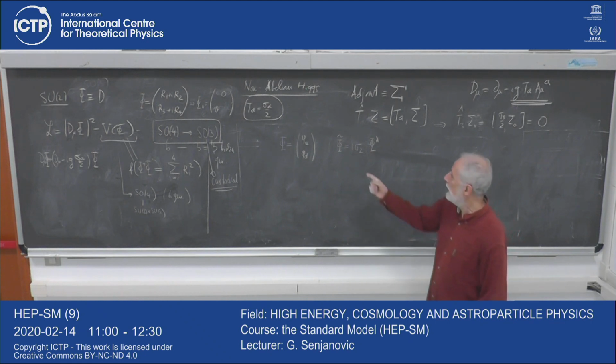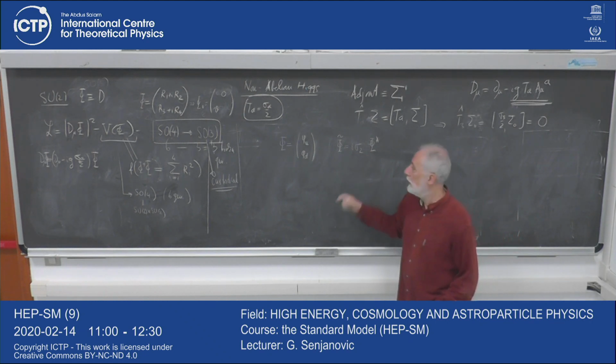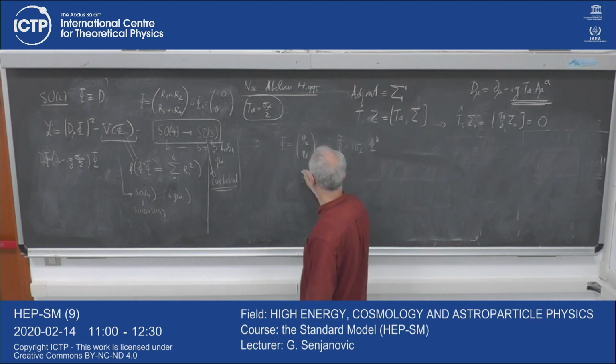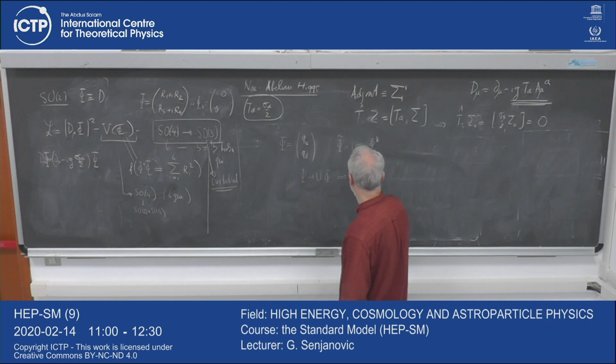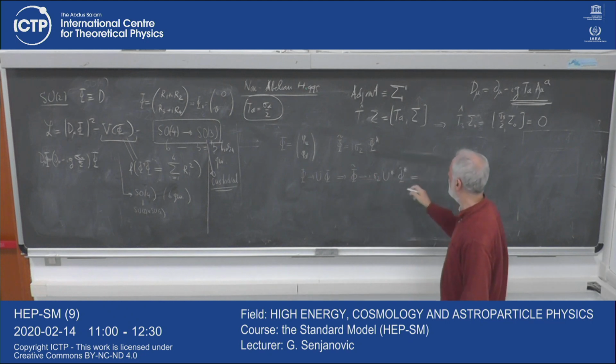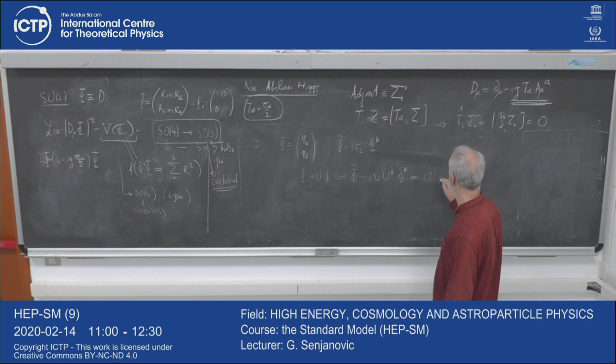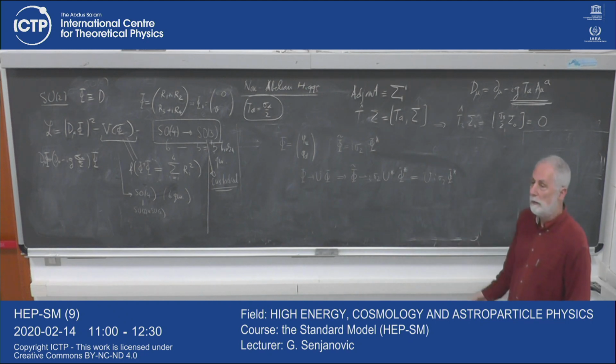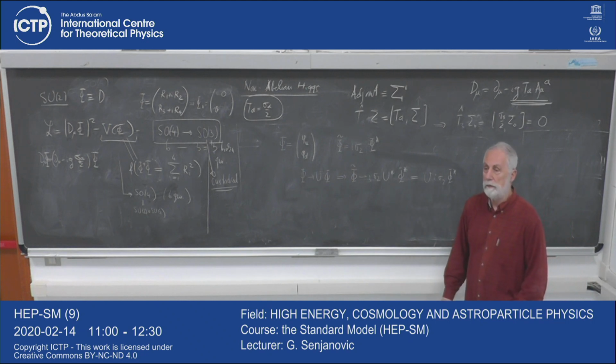Okay? This is like charge conjugation in a Lorentz group. When phi transforms as u phi, then phi tilde transforms into I sigma 2 u star phi star. The u star you can commute. It's trivial because of the property of Pauli matrices.